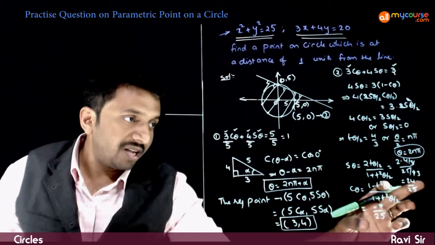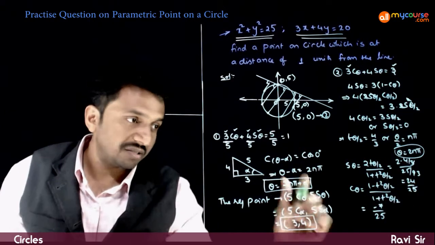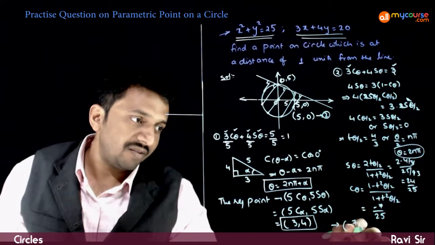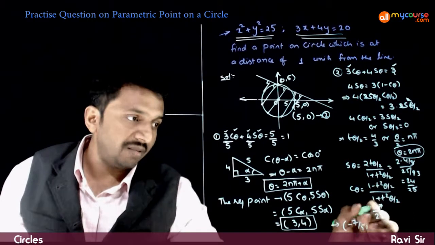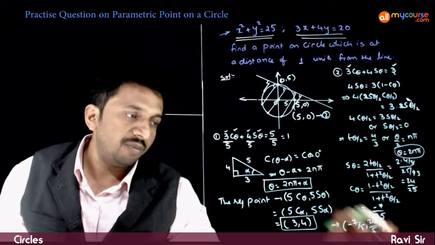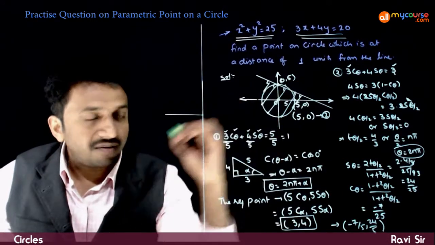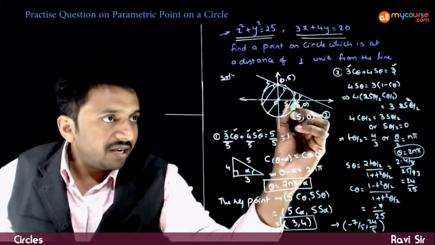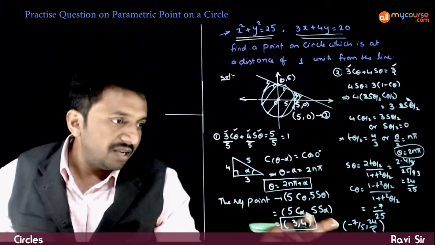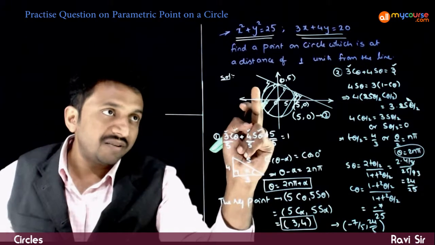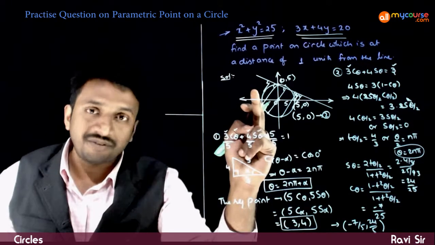The third point comes when you have these values: 5 times cos theta, which is minus 7 by 5, and 5 times sin theta, which is 24 by 5. So that means you have one point somewhere here. The other point is 5, 0. And the third point is in the second quadrant, minus 7 by 5, 24 by 5.